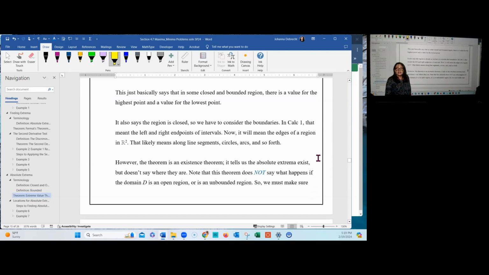It tells us that the absolute extrema have to exist, but it does not tell us how to go about finding them. All right, so we're going to have to use some of the techniques we've already learned in order to find them. When you think about a boundary in R2, we'll typically be working with line segments, circles, arcs, parts of ellipses, things like that we've worked with before.